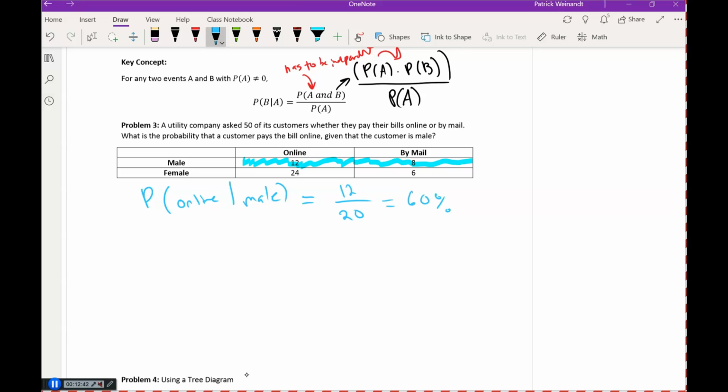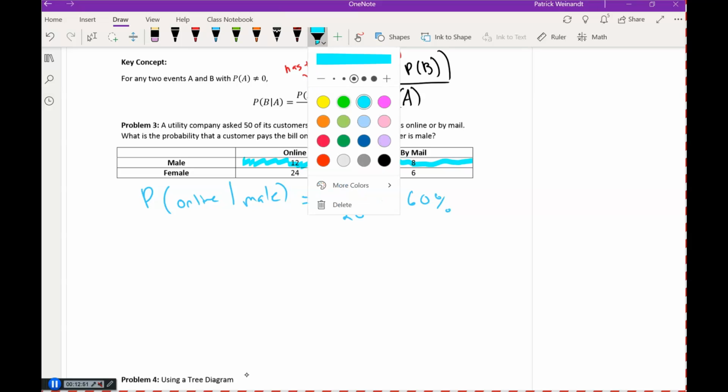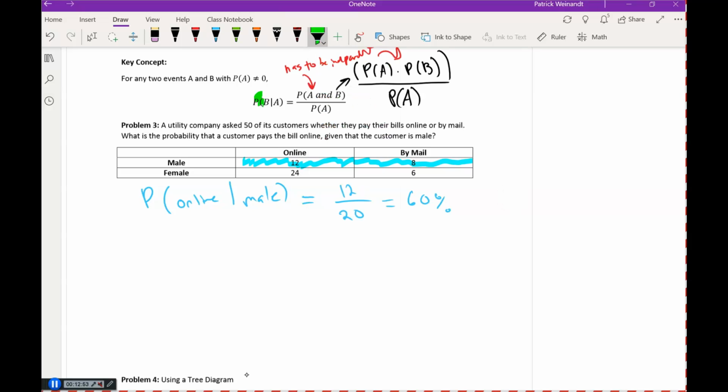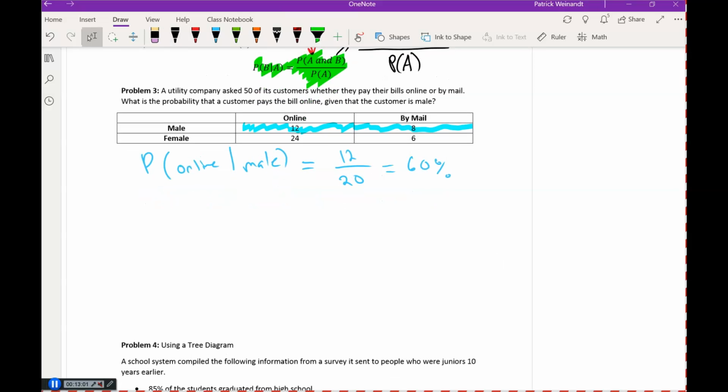However, if we did want to use this formula up here, I'm going to highlight it in green. If we did want to use this formula, what's the probability we're paying online, given we're male?